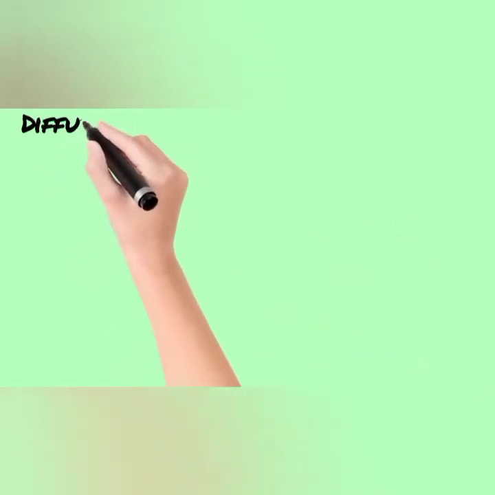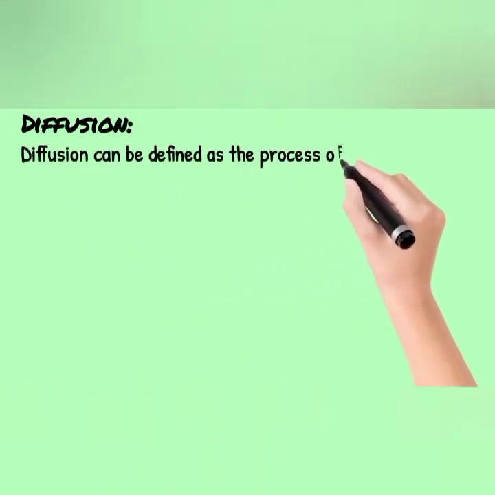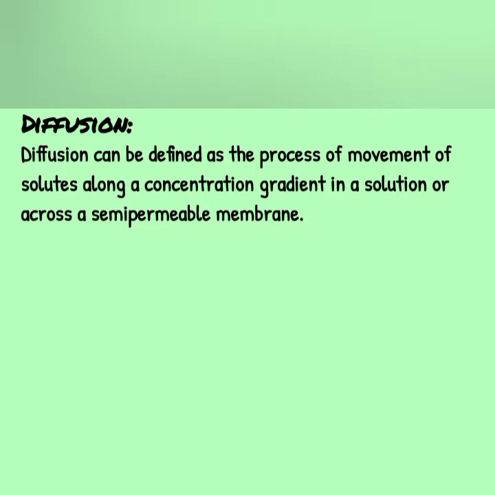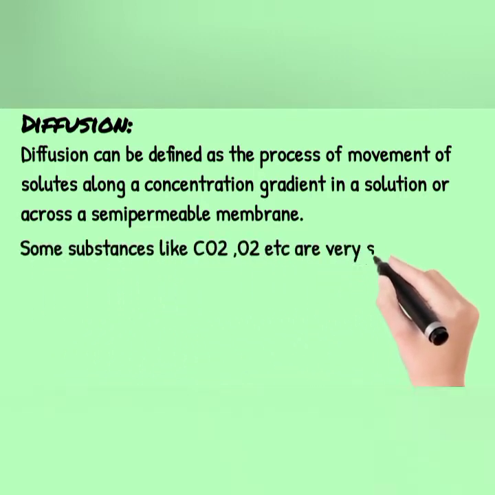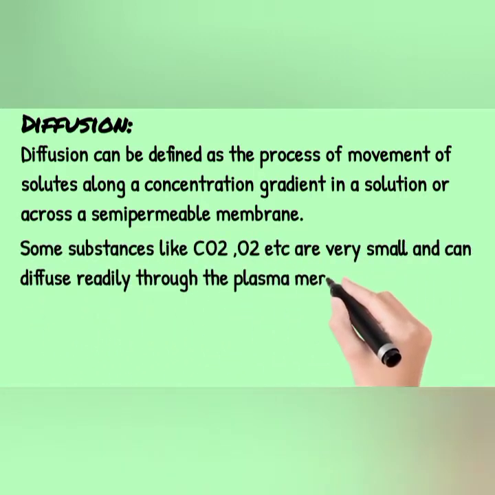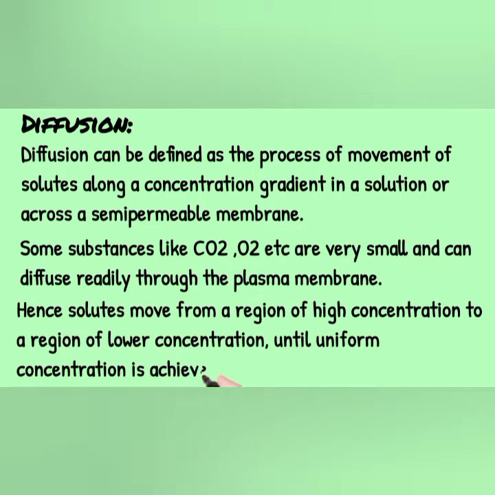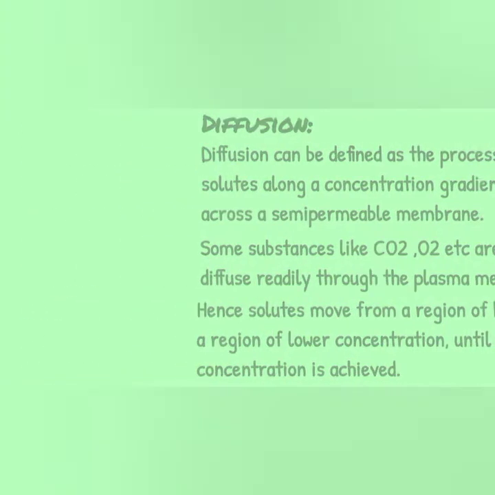Now what is diffusion? Diffusion is the transfer or transport of substances, molecules, ions such as carbon dioxide, oxygen, water, etc. from a region of higher concentration to a region of lower concentration across the plasma membrane until a uniform concentration is achieved.